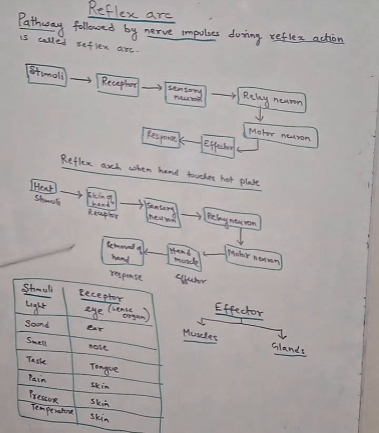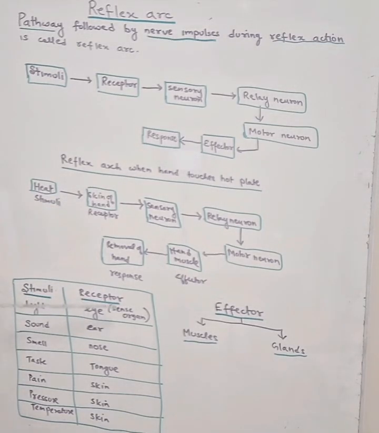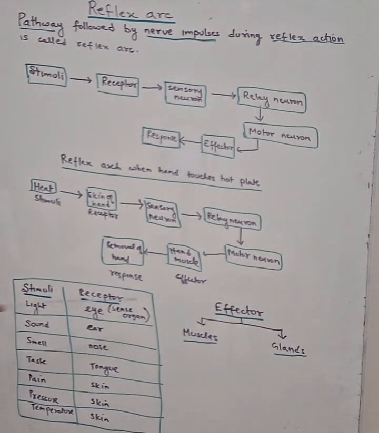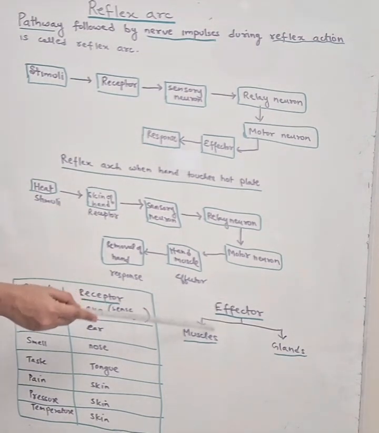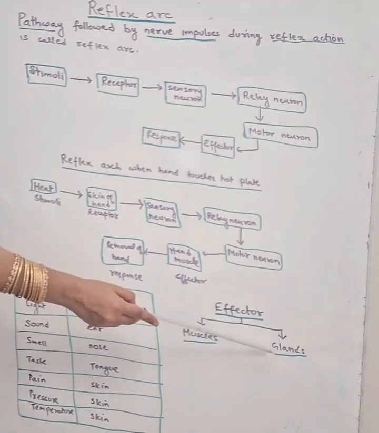One thing you can say is that receptors are always sense organs. Sense organs like the eye, ear, nose, tongue and skin are receptors. Now coming to the effector. Effectors are only of two types, muscles and glands.